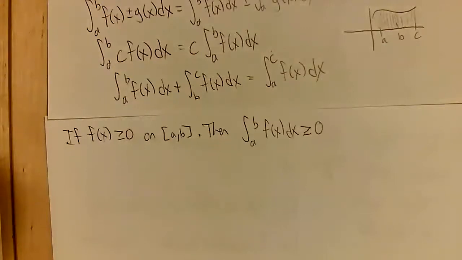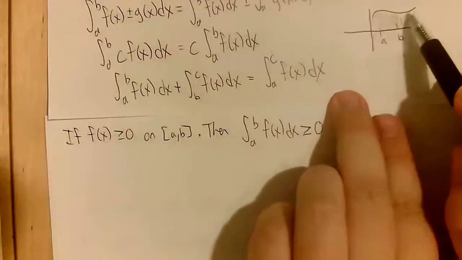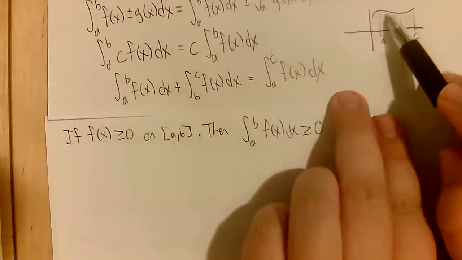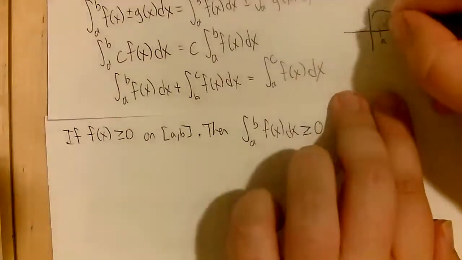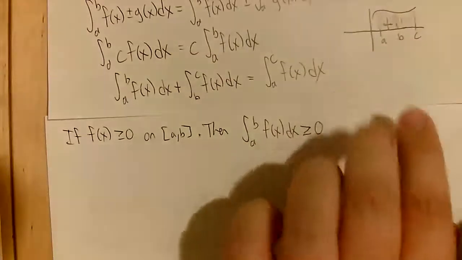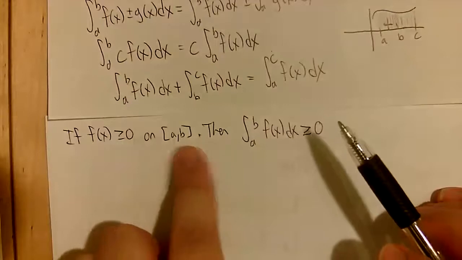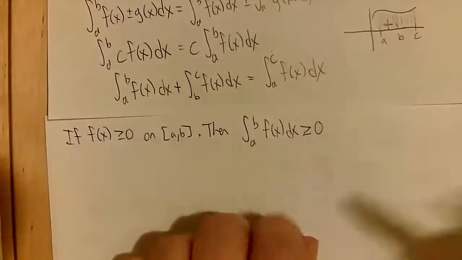And this property is more or less kind of obvious. Like if we actually look at the picture here, this function is positive throughout at least a to b. So that means that the area under the curve of something positive will have positive sign area because it's above the x-axis. And the same goes if this were negative. So if this were negative on the whole region a to b, then the definite integral would also be negative as well.